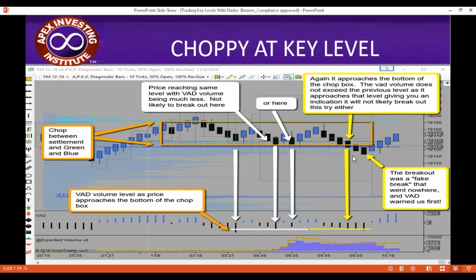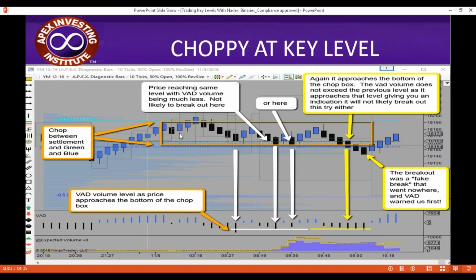So how many of you, just quick show of hands, have gotten caught in a trade like this, where there's choppiness, and then you see a breakout, and you get in it, and it turns out to be a fake break? The market went against you, and you lost. We've all done it, right? But can you just see why I would not have taken this particular one based on what I'm showing you here? Can you see that? If you can't, it's going to make a lot more sense right now.